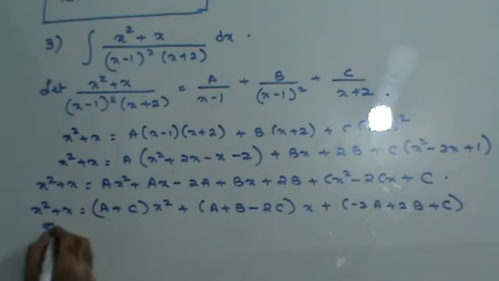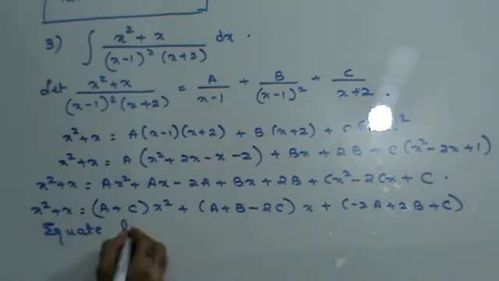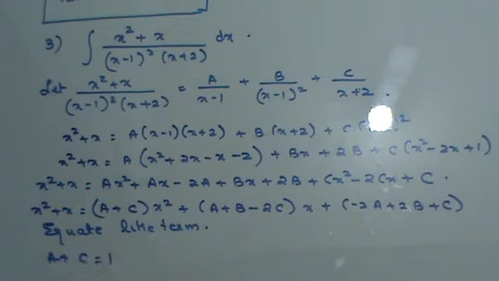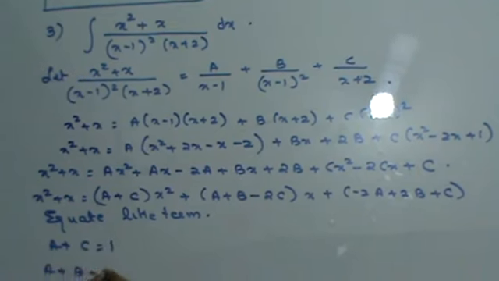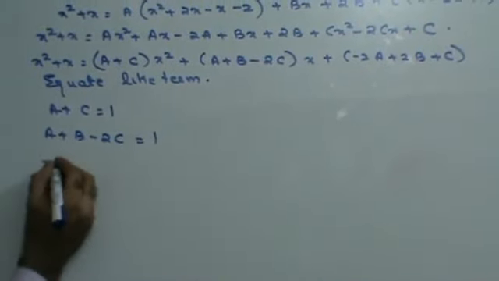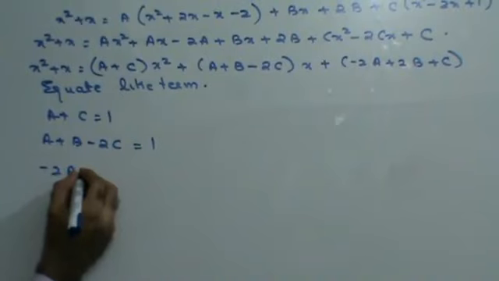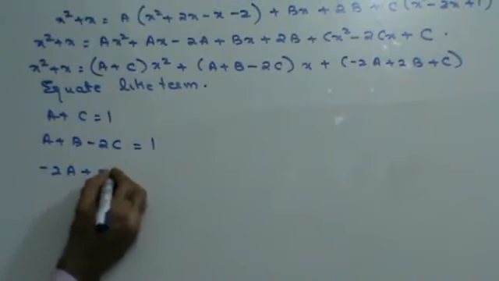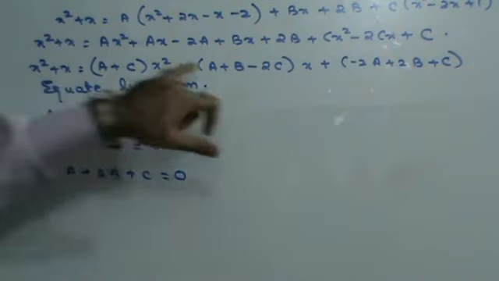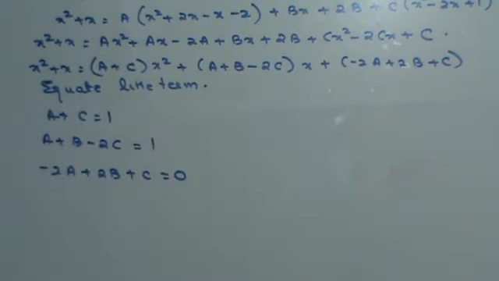Now equate like terms. If I equate like terms, I will get a plus c is equal to 1, a plus b minus 2c is equal to 1, and minus 2a plus 2b plus c is equal to 0. Square term with the square term, x term with the x term, constant with the constant.